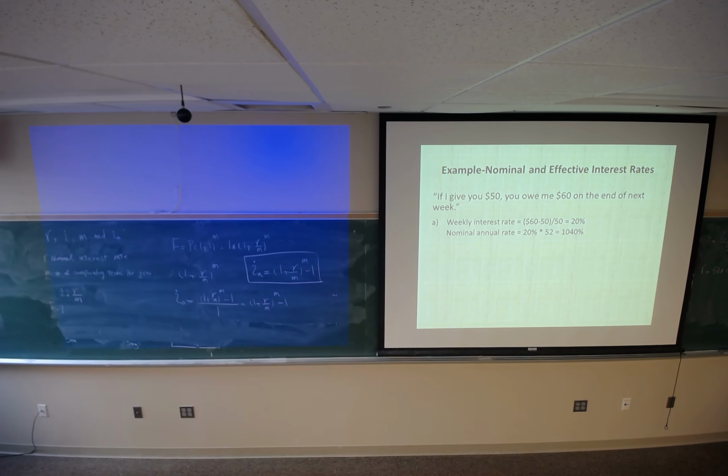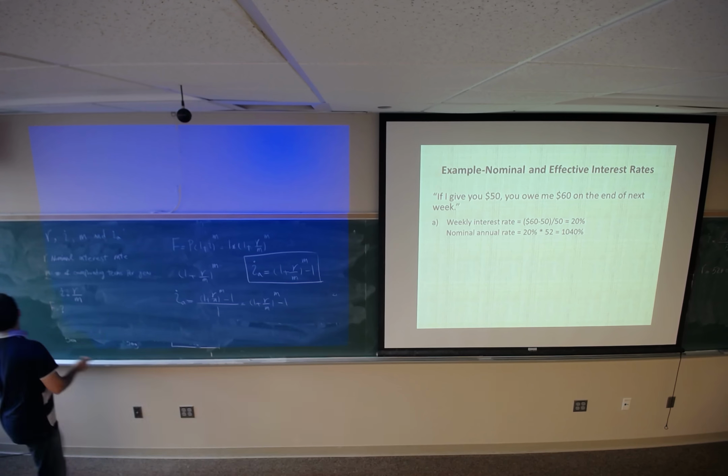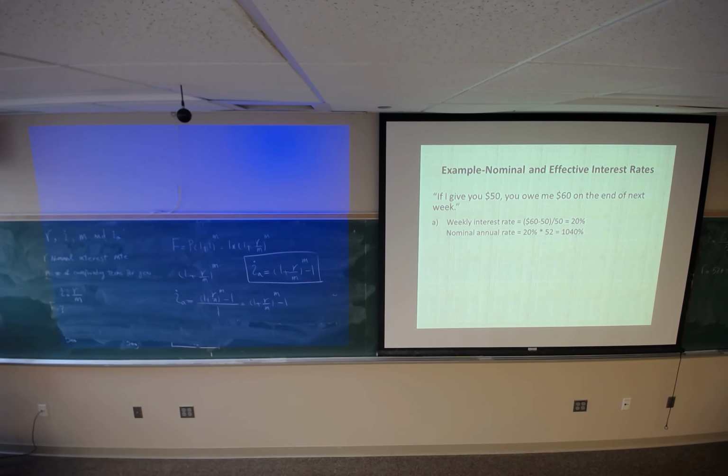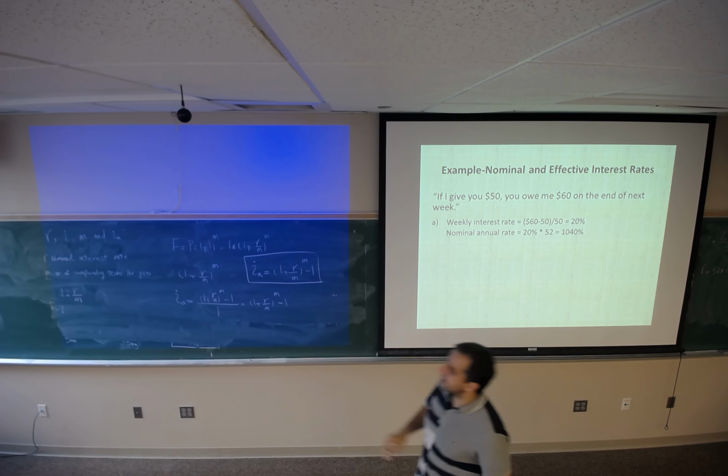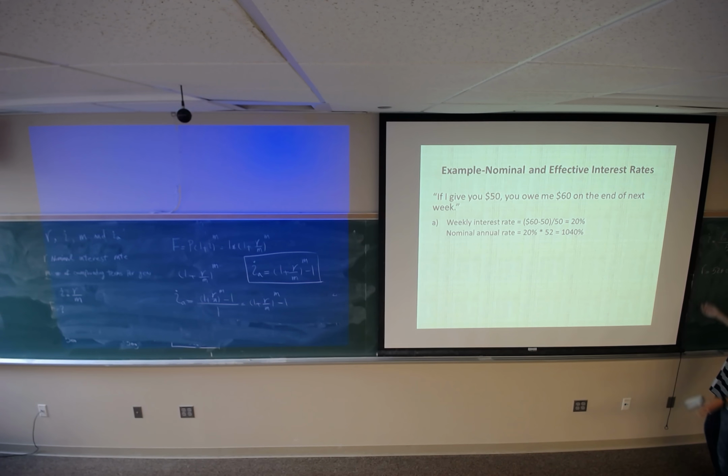Now I would like to know if I borrow $50 at the beginning, how much do I owe at the end of the first year if the nominal interest rate is 1040%? So the interest rate per week is this one. The future value would be the present value times 1 plus the interest rate per week, 20%, 0.2. How many weeks do we have per year? 52. $50 times 1.2 to the power of 52.